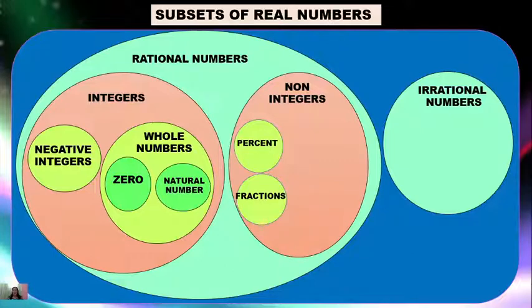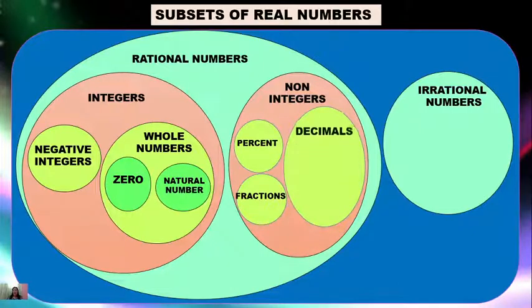Improper fraction, the numerator is greater than the denominator. And if you simplify an improper fraction, it becomes a mixed number. It is a combination of a whole and a proper fraction. Let's say 5 over 4. If you simplify that, it becomes 1 and 1/4. So those are examples of fractions.